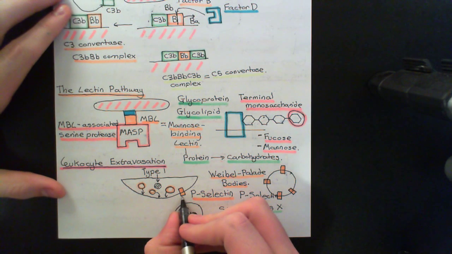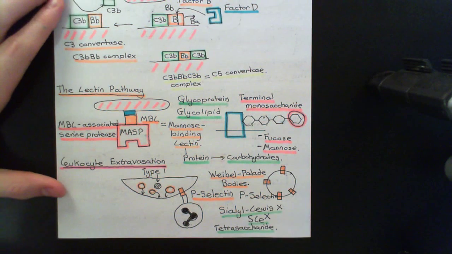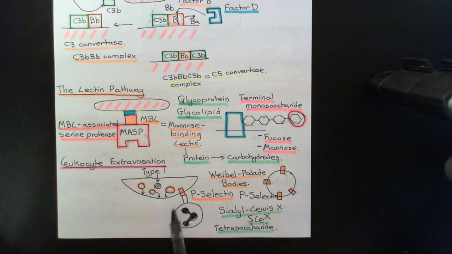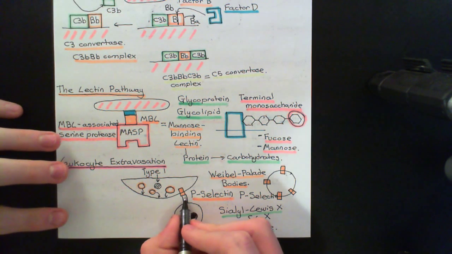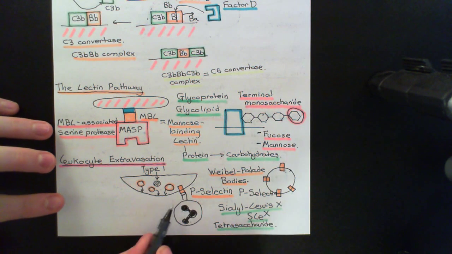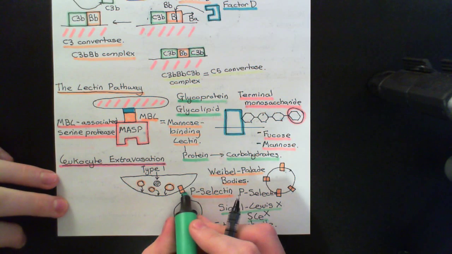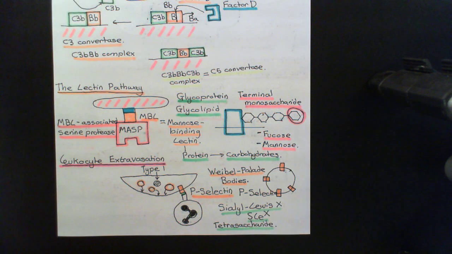So what I'm now going to draw here on the surface of the neutrophil is going to represent sialyl Lewis X. Actually, I'll do it slightly better. I've just drawn a line across there, and let's say that that little strip at the top actually represents the sialyl Lewis X. I do hope that's visible under these poor light conditions, but I've drawn a little green strip at the top there.